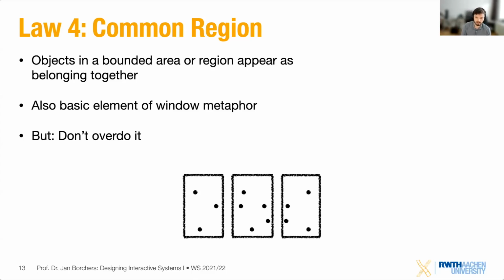This applies to many things. And again, this is very helpful when we think about our operating system and the windows we have, because all of a sudden we have the reason why a button within a window moves with the window: we perceive this window as one region and the button is inside this region.